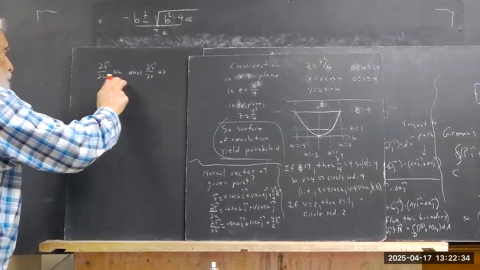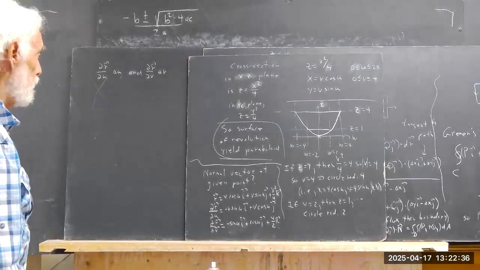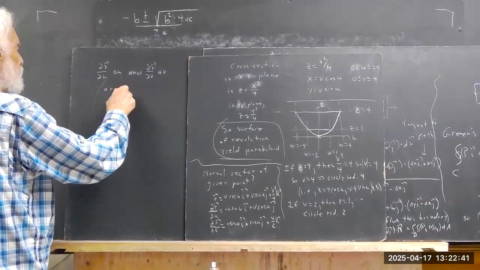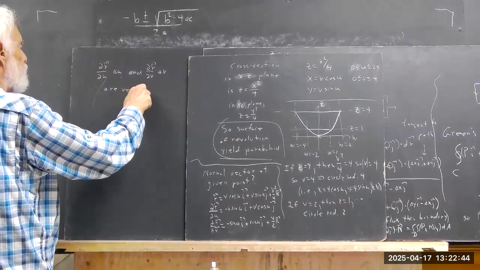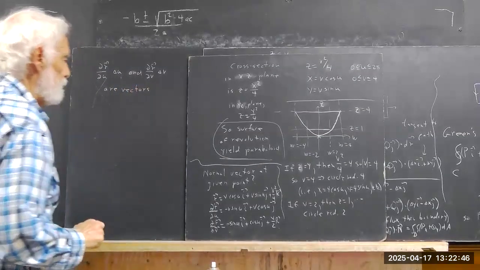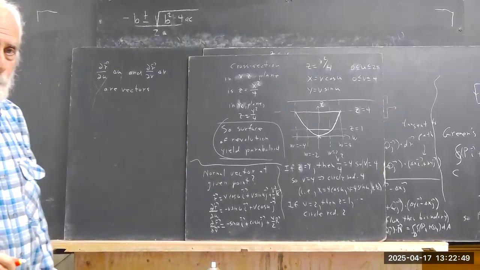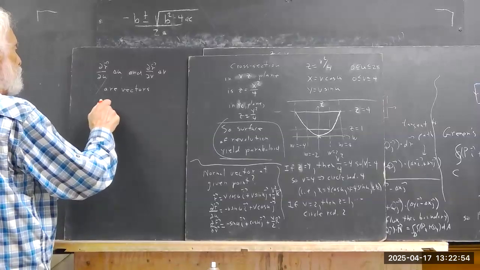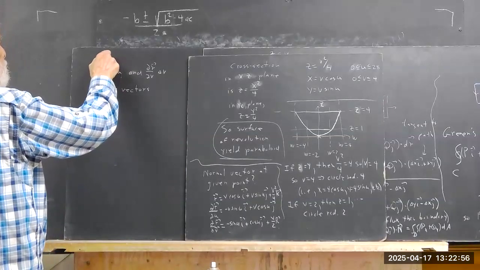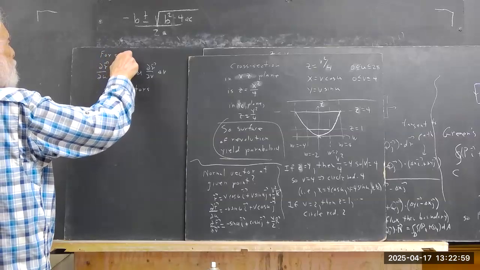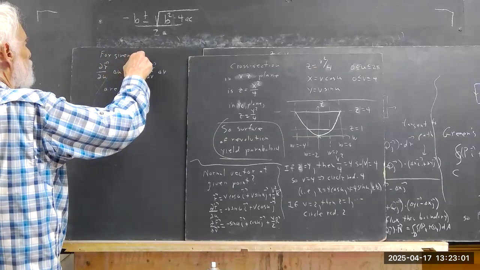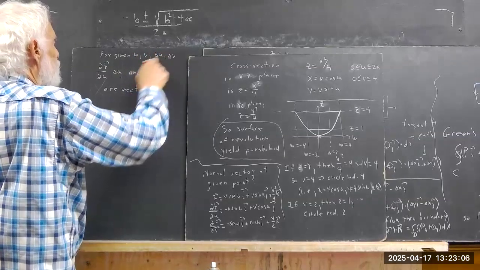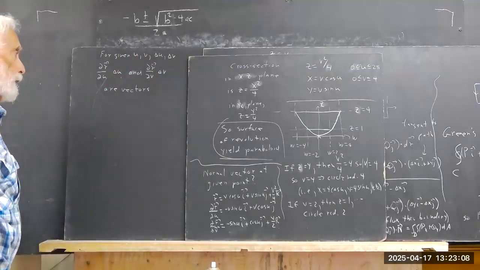Say this, partial R with respect to U delta U, partial R with respect to V delta V. Factored, okay? V delta U delta V.